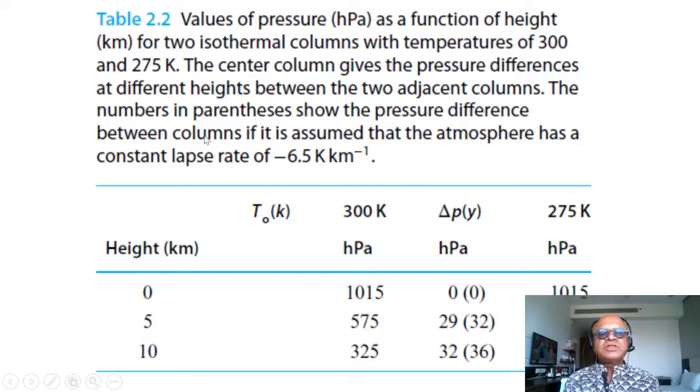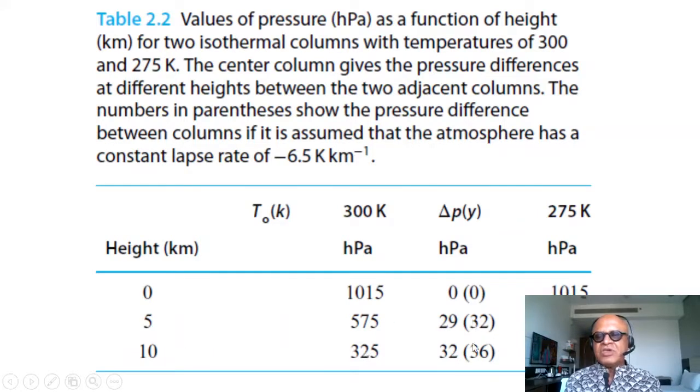So this is assuming that the atmosphere has a constant lapse rate of minus 6.5 Kelvin per kilometer. Looking at heights of 0, 5, and 10 kilometers, temperatures of 300 Kelvin at the surface, 275 at 5 kilometers, and so on at 10 kilometers.